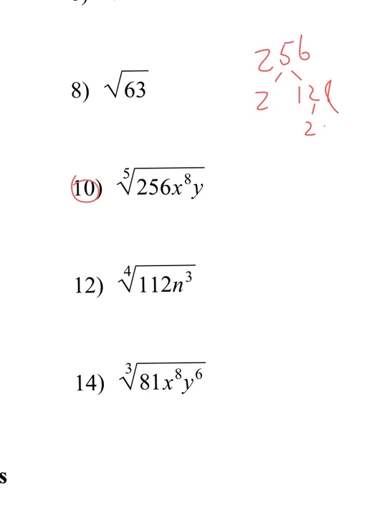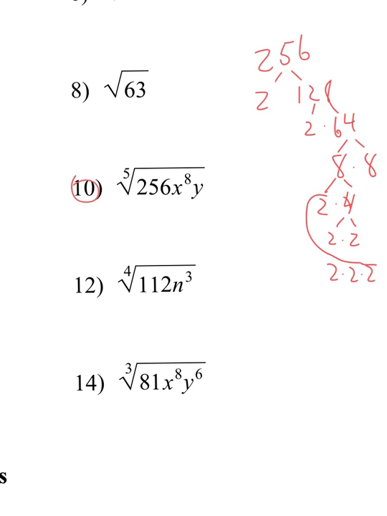So 2 times 64. Okay, and then 64 is 8 times 8, and both of those can be broken down into 2 and 4, 2 and 2, and then I have basically another 8 here. So that's going to be another 2 times 2 times 2.